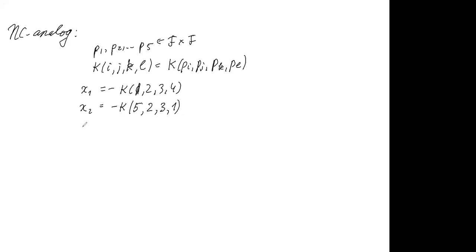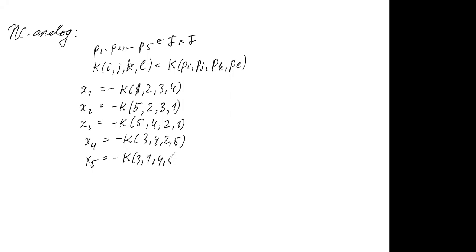It's not what you should expect. It is not cyclic order. X3 is equal to minus K(5, 4, 2, 1). X4 is equal to minus K(3, 4, 2, 5). And X5 equal to minus K(3, 1, 4, 5).